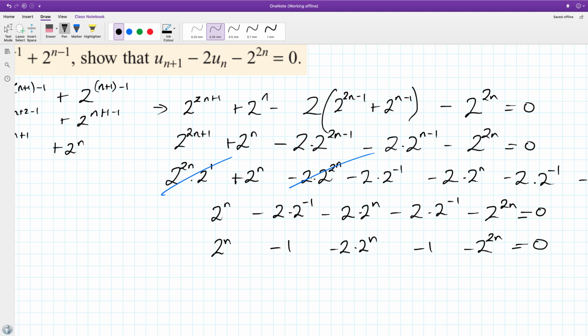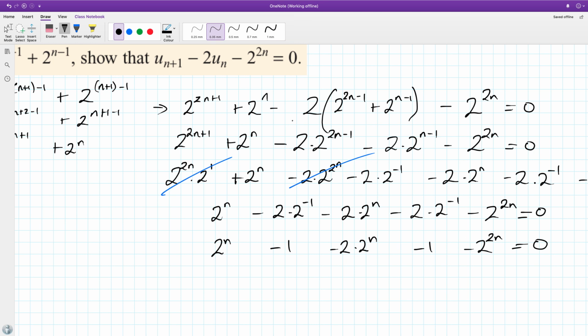I don't know where you're pointing. Here? This one over here. Minus 2 multiplied by 2 to the power of minus 1 is minus 1, yeah? I said it's a problem with our signs.